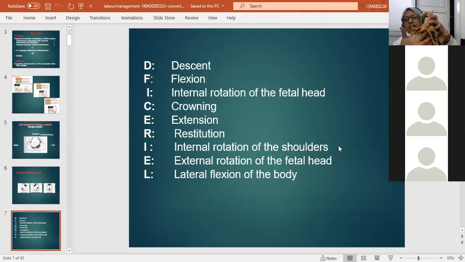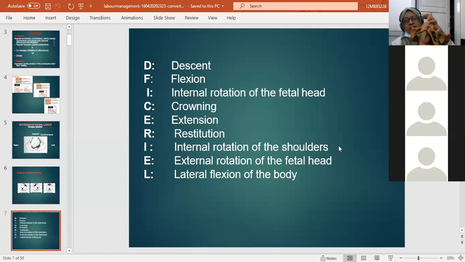So the head tries to align itself with the shoulder. Look at this, the shoulder and head are in alignment. Just as when we stand, our head and shoulders are at a right angle, in the same way the head aligns itself with the shoulder and becomes externally rotated.